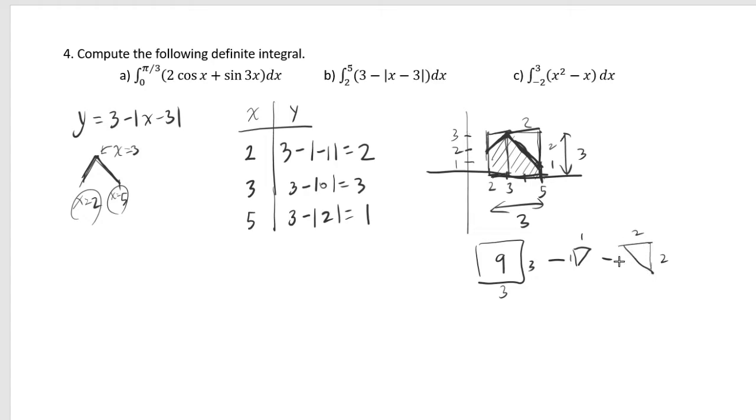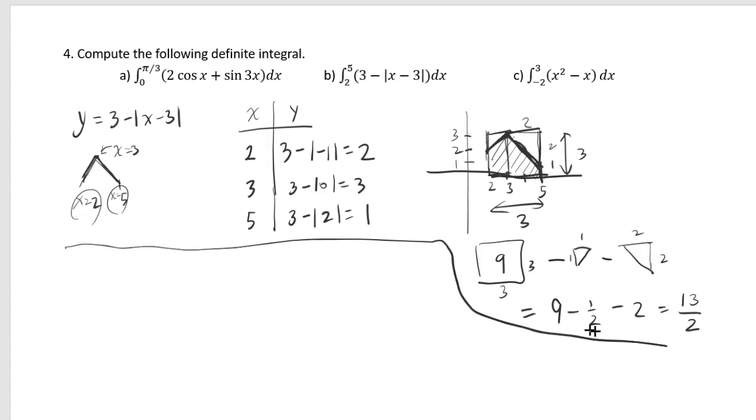And we just use the formula that area is base times height times 1/2. So it's 9 minus 1 times 1 times 1/2, that's 1/2, and minus 2 times 2 times 1/2, that's 2. And the answer would be 7 minus 1/2, so 6.5, or 13 over 2. So that's the answer.